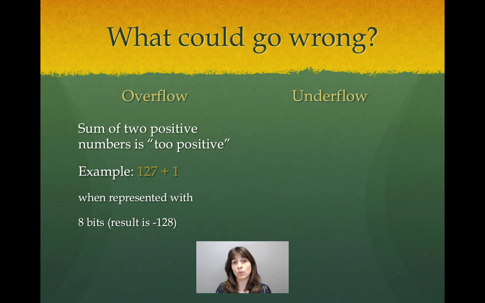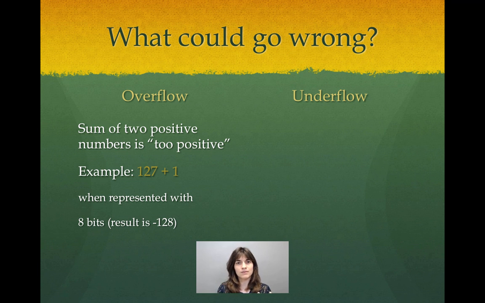The reason we get minus 128 can only be explained if you know the details of the 2's complement. How do we represent the largest positive number, 127? It will be a leading 0, and the other 7 bits will all be 1.